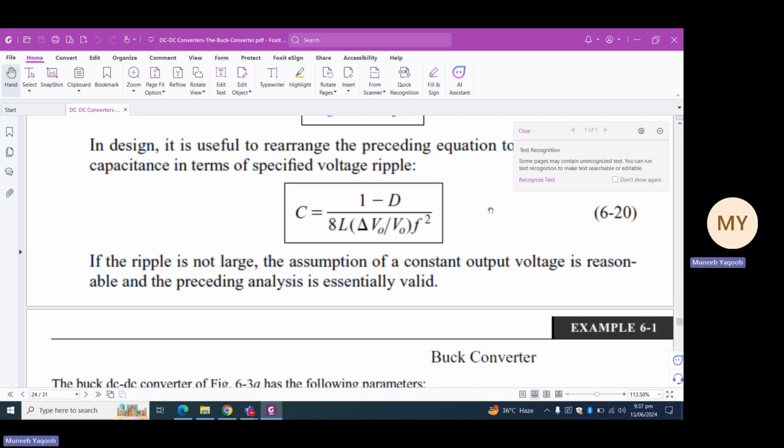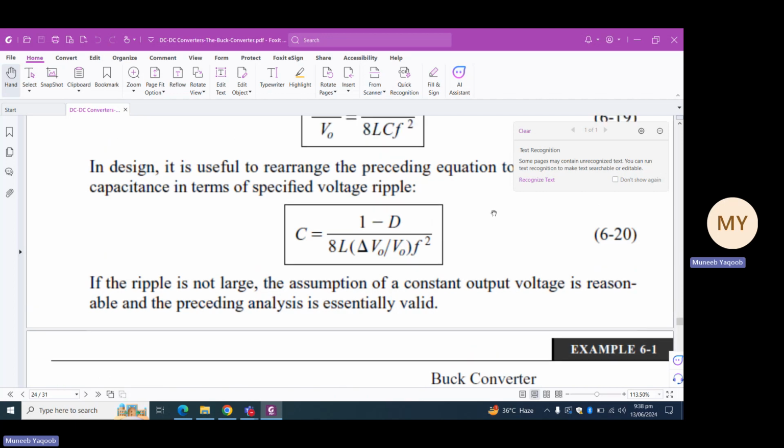Using the continuous conduction mode condition and the percentage ripple limitations, we can find minimum values of inductance and capacitance that may be used to design a buck converter.